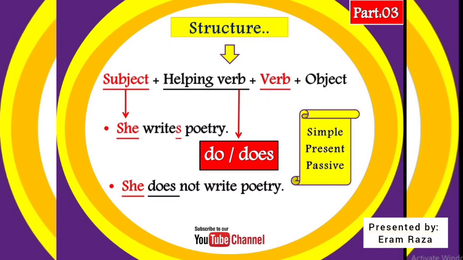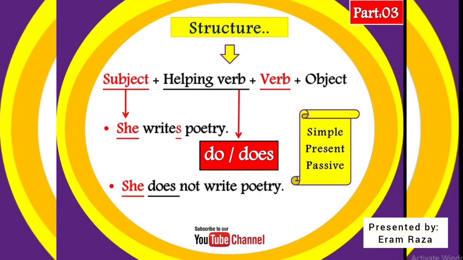So she writes poetry. Because we didn't add do or does, and we have a singular subject, we are adding s or es at the end of the verb. Whatever the first form of the verb is, we have write, so we add s at the end to make it writes.